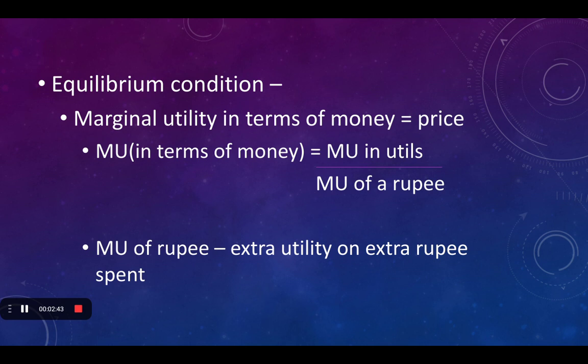MU in terms of money is equal to MU in utils upon per rupee marginal utility. Now, what is per rupee marginal utility? Per rupee marginal utility is extra utility or additional utility on spending an extra rupee. That is referred to as per rupee marginal utility.